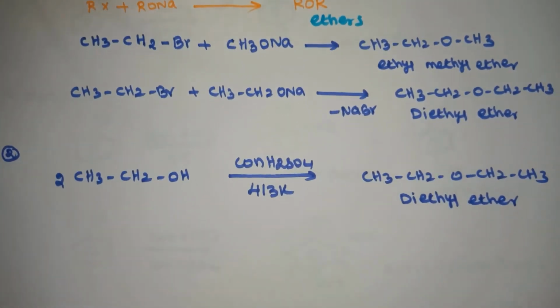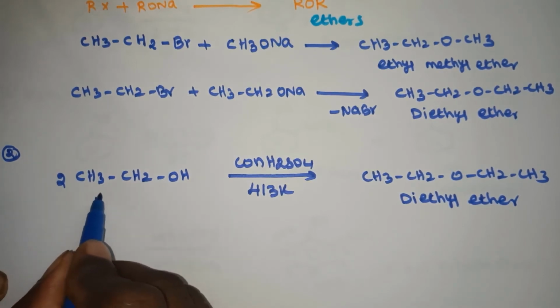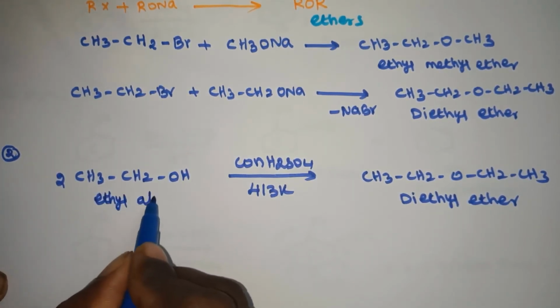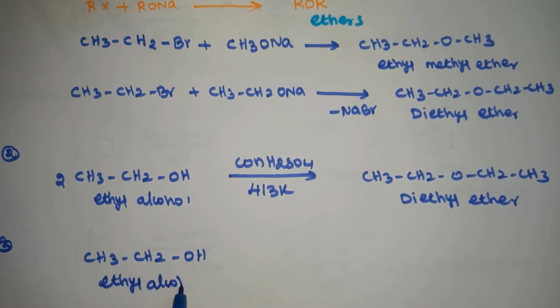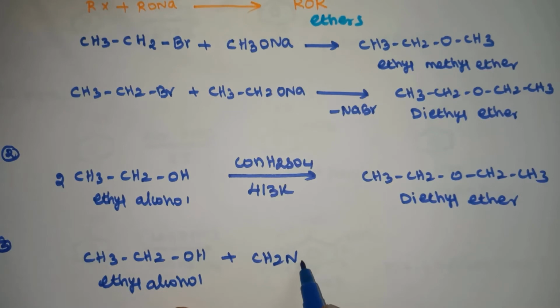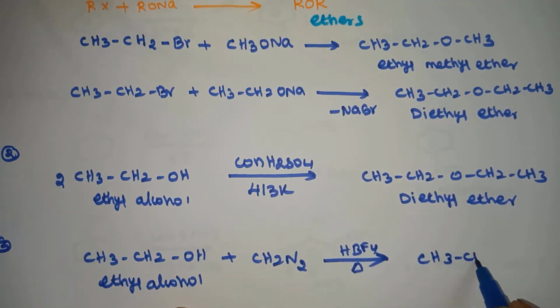Last method, preparation of ether. When alcohol is heated with diazomethane, ethers are formed. CH3CH2OH, this is ethanol or ethyl alcohol, reacts with diazomethane in the presence of fluoroboric acid HBF4 on heating to form ethyl methyl ether, CH3CH2OCH3.